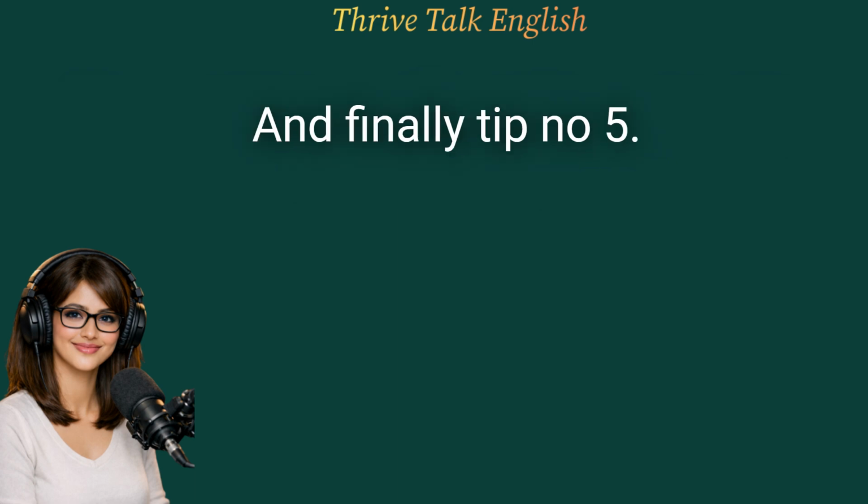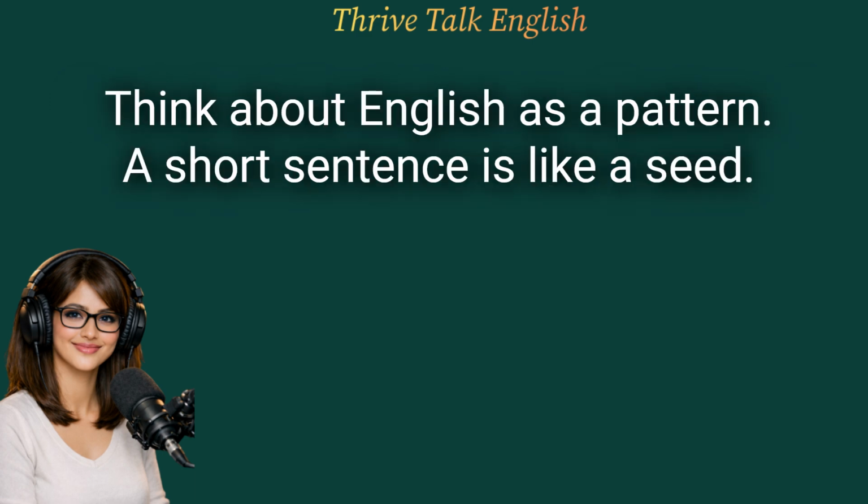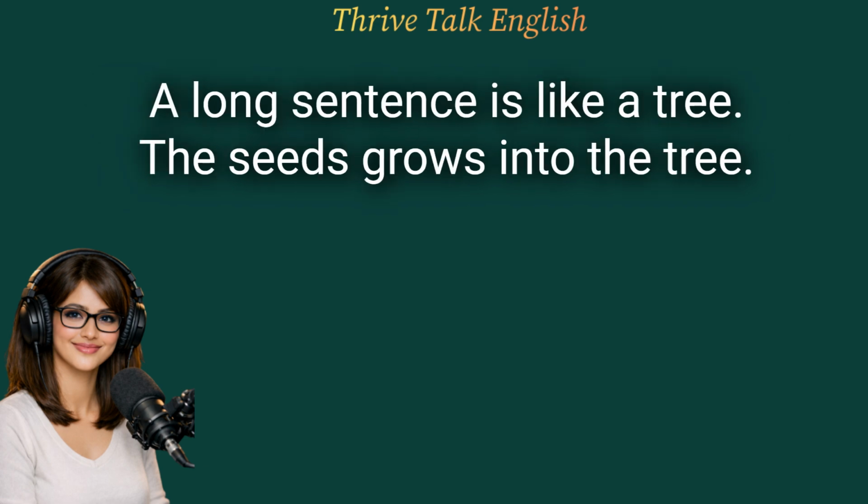And finally, tip number 5. Don't think about English as a collection of grammar rules. Think about English as a pattern. A short sentence is like a seed. A long sentence is like a tree. The seed grows into the tree.